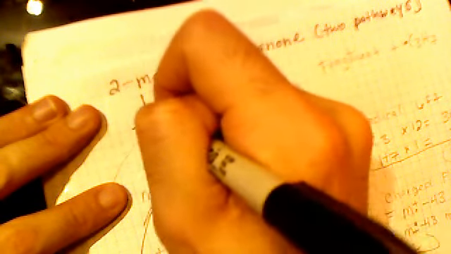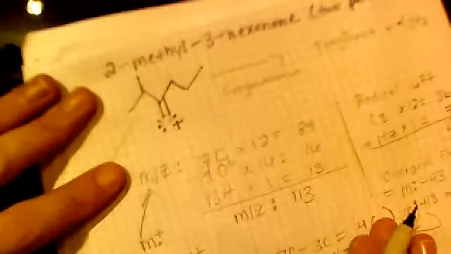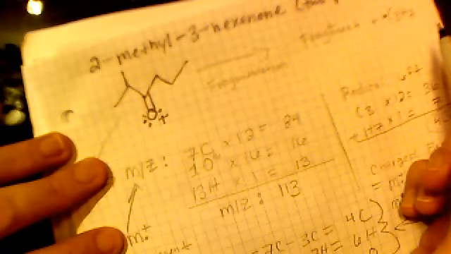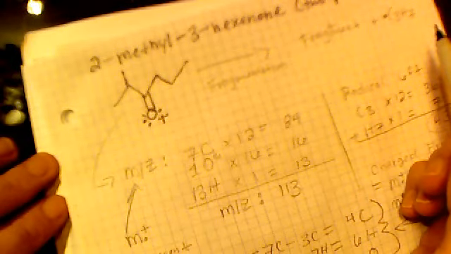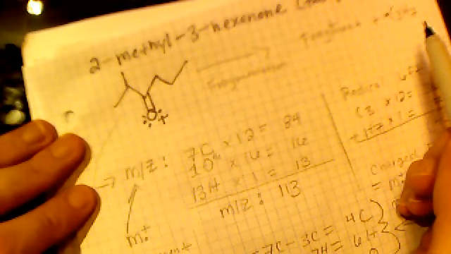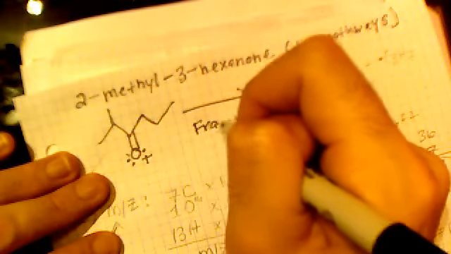Okay. This is the 2-methyl-3-hexanone, and I'm going to put the positive on the oxygen right here because these lone pair electrons are most loosely held, and that's where it's going to be lost from. So the information that Wiley gives, they say it's going to fragment, right?